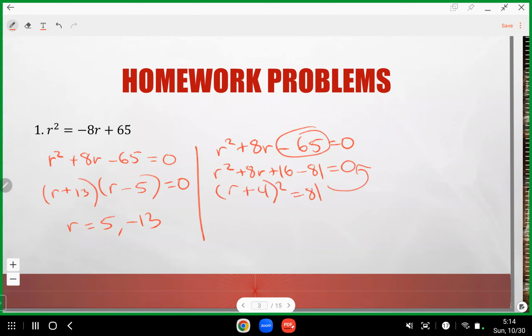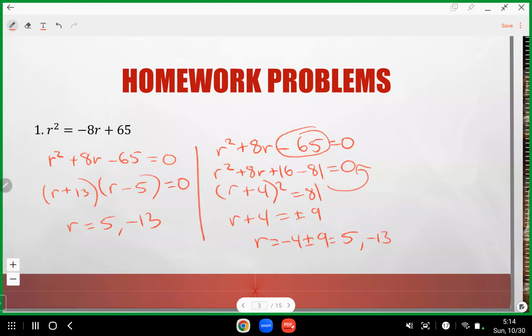You square root it, and it should be r plus 4 is equal to plus or minus 9. And we do get -4 plus or minus 9, which is equal to 5 and -13. Okay, so those are the main two methods.